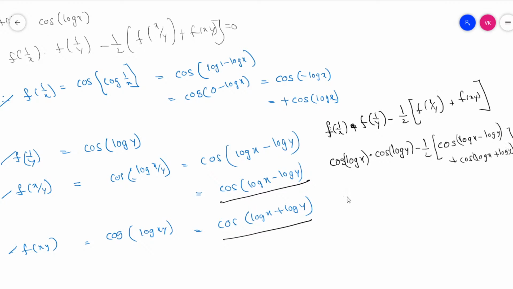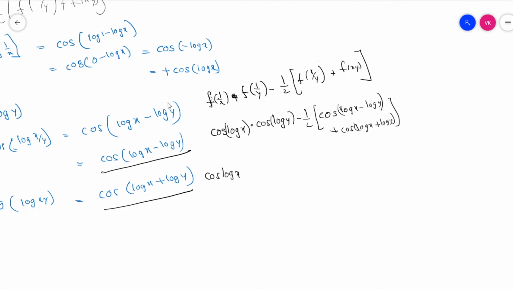Every time the negative will be changed into positive. Then cos log x into cos log y minus 1 by 2, and inside we can write 2 cos log x into cos log y.